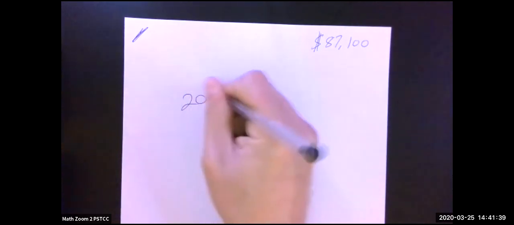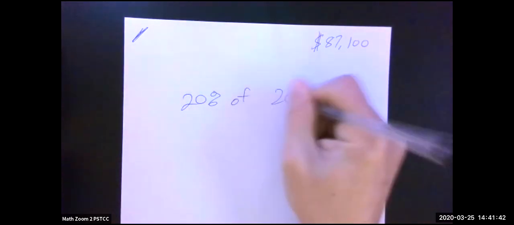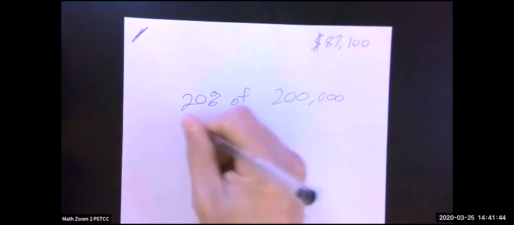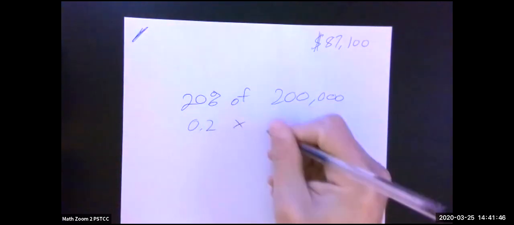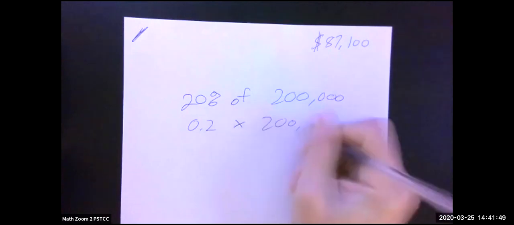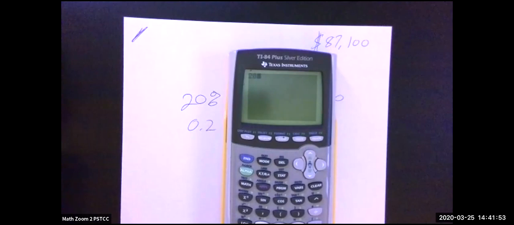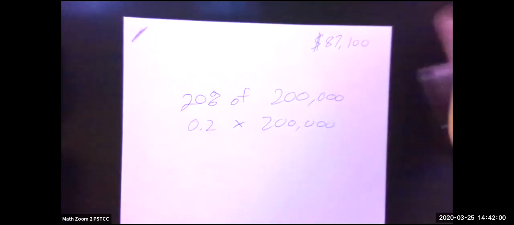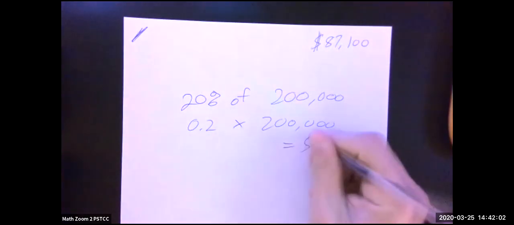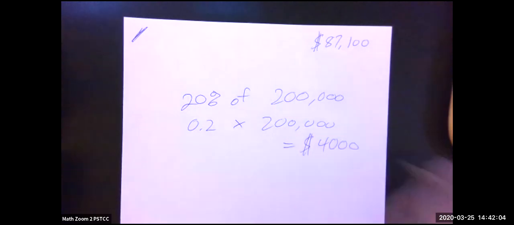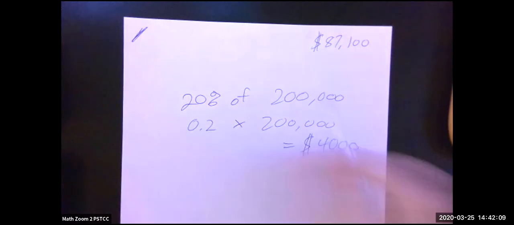So all we have to do is 20% of $200,000, which is 0.2 times 200,000, which is what? Near $4,000. Now, when you turn in your project, I want to see all computations like this.